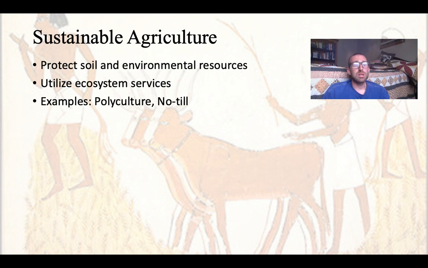They also utilize ecosystem services, which I'm going to talk about in the next lecture. There are a number of examples of different types of sustainable agriculture, from polyculture to no-till to permaculture. That's all going to be in your next lecture.